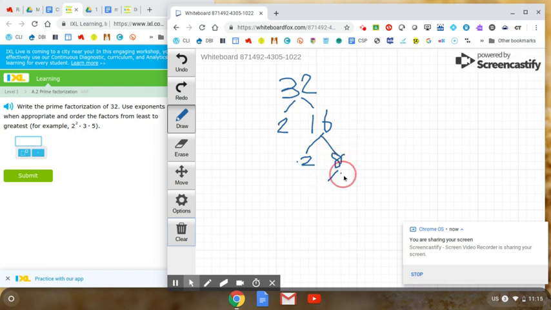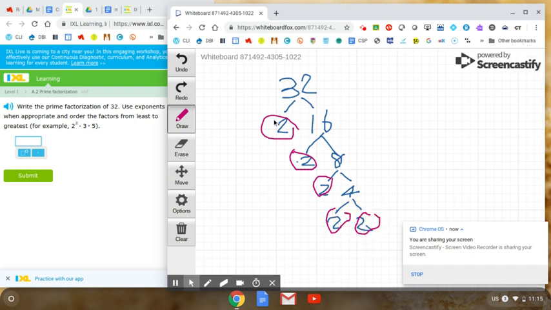And 8 divided by 2, we have 4. And 4 divided by 2, you have 2. So, in other words, 32 is 2 times 2 times 2 times 2 times 2.